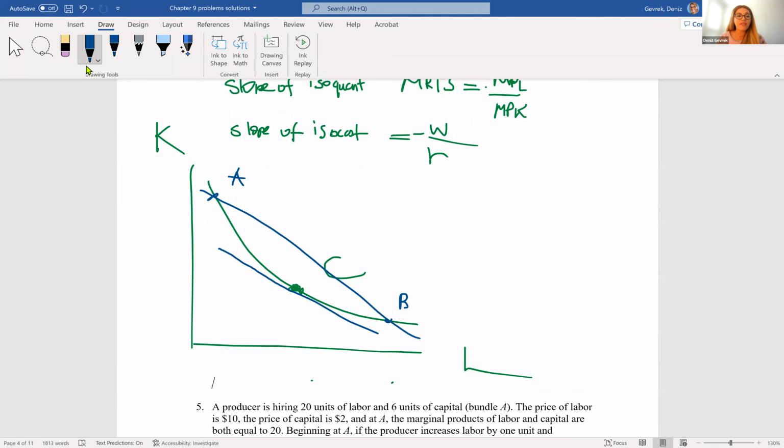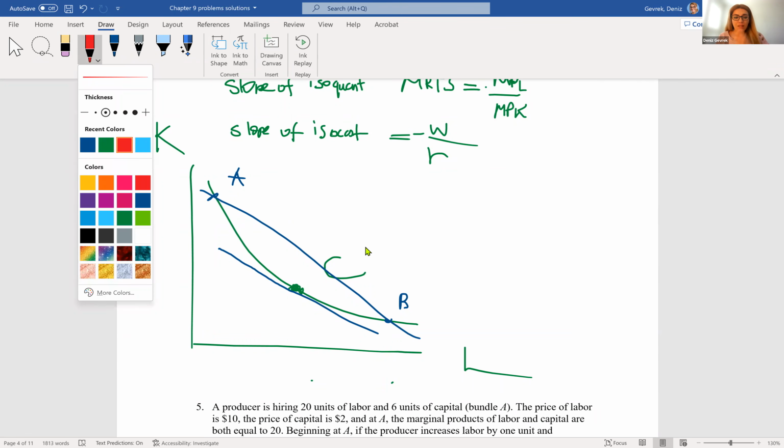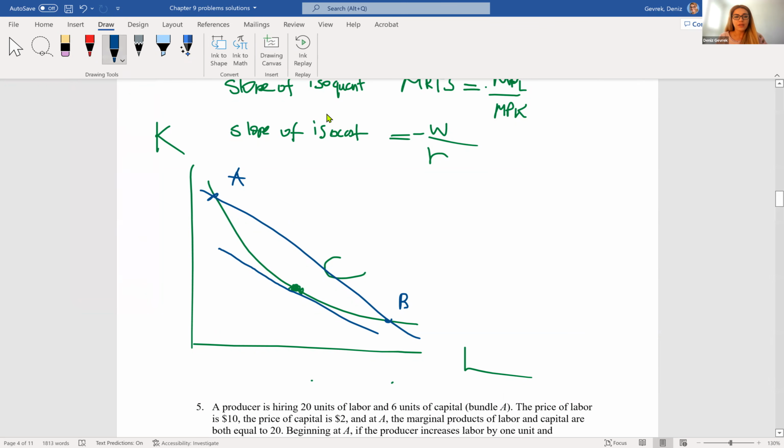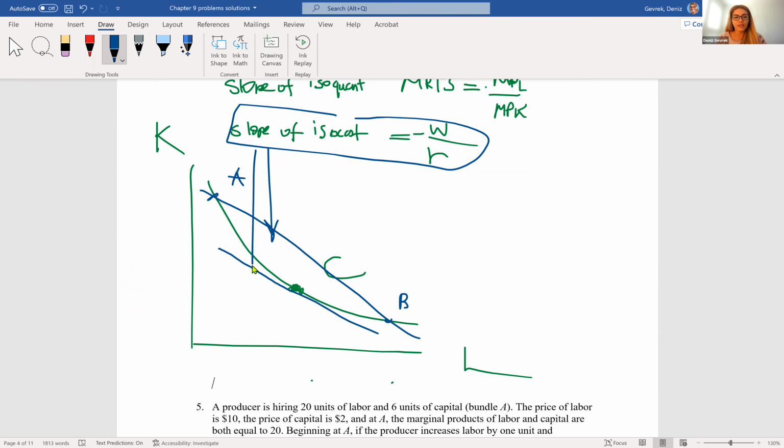We're going to cover everything in this video basically. So slope of isocost, I wish I color coded it. All these blue lines, this one and the other one, they all have the same slope. They have to.